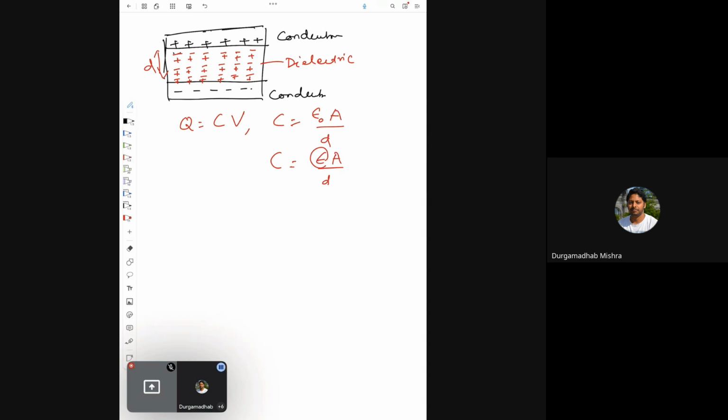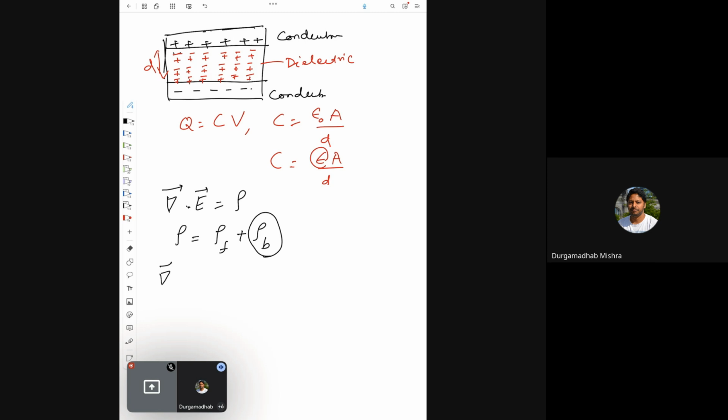Another thing which could also be asked is about this relation, del dot E is equal to rho over epsilon naught. How does this change for a dielectric? If I look at a dielectric, I now have two types of charges. One is this rho F, the free charges, plus there will be the bound charges. These bound charges are due to the induced dipole or the dipole moment that is present.